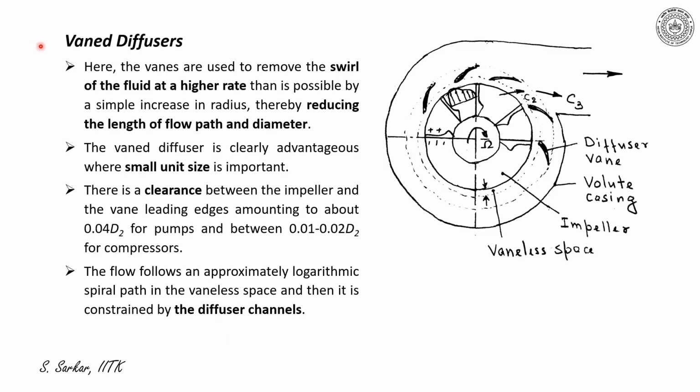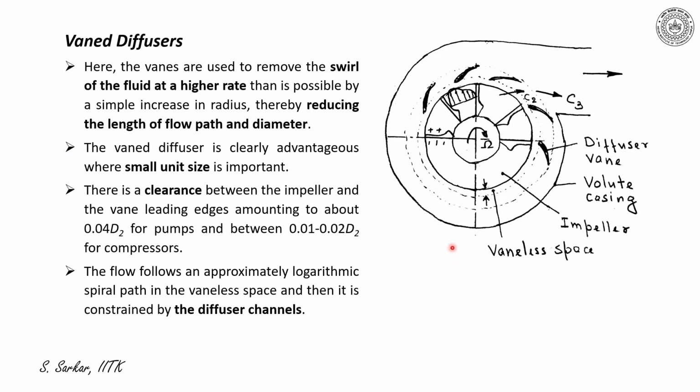I will now discuss the vane diffuser. Here the vanes are used to remove swirl of fluid at a higher rate than is possible by simple increase in radius, thereby reducing the length of flow path and the diameter. Thus, the vane diffuser is clearly an advantage where small unit size is important.